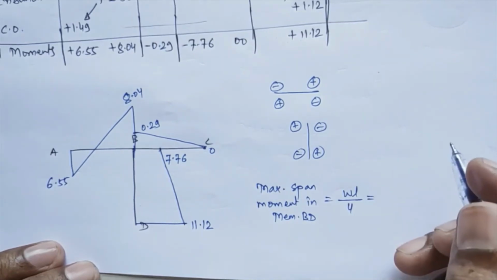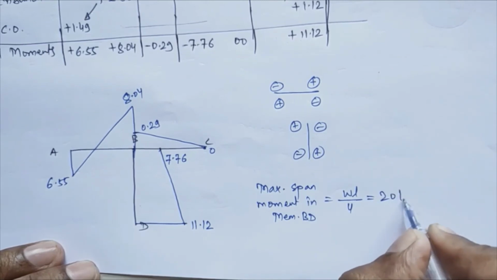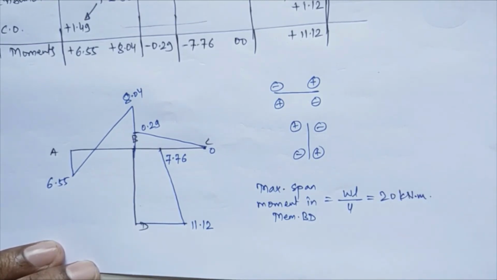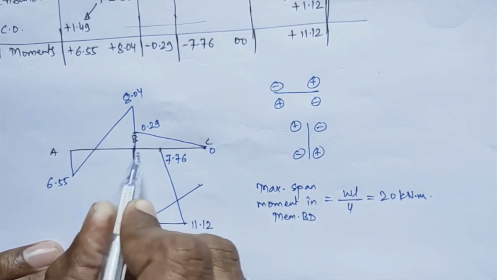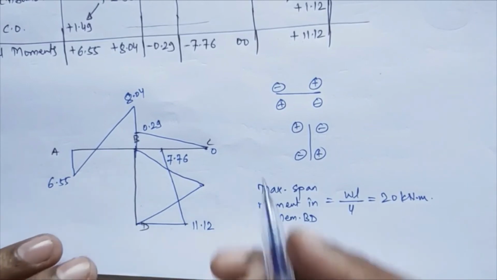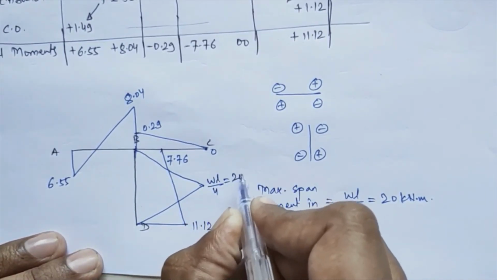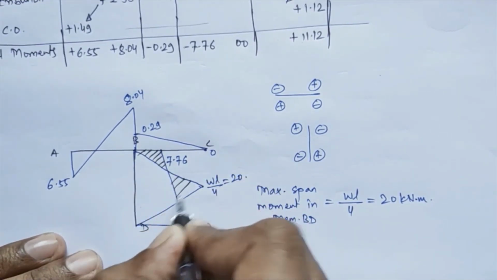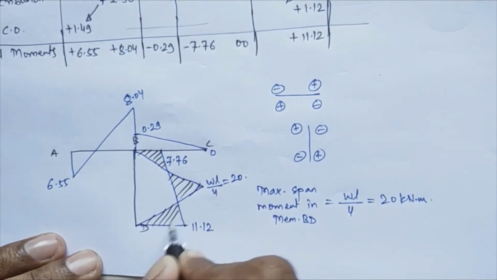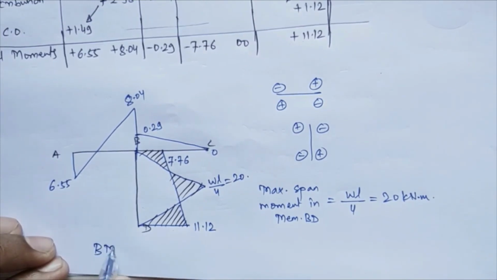W is given as 20, so 20 into 4 by 4 gives directly 20 kilonewton meter, and that will be maximum at the center, joined with inclined lines in a triangular pattern. So WL by 4 is equal to 20, and you just have to shade the superimposed part. This will be our final BMD by superposition.